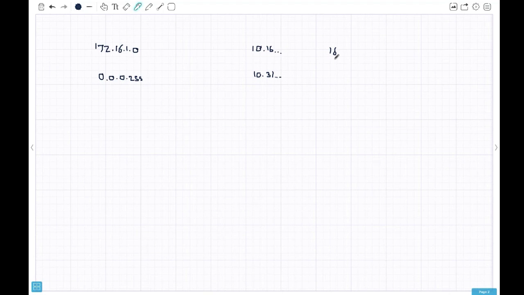There's 16, there's 31. 16 is 0, 0, 0, 1, 0, 0, 0, 0. 31 is 0, 0, 0, 1, 1, 1, 1, 1.